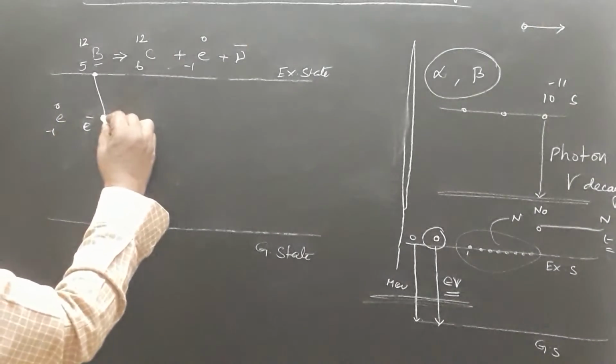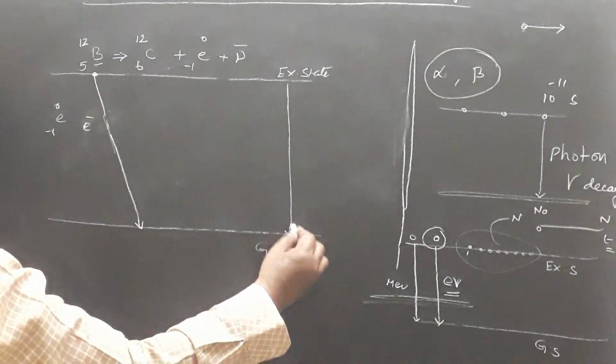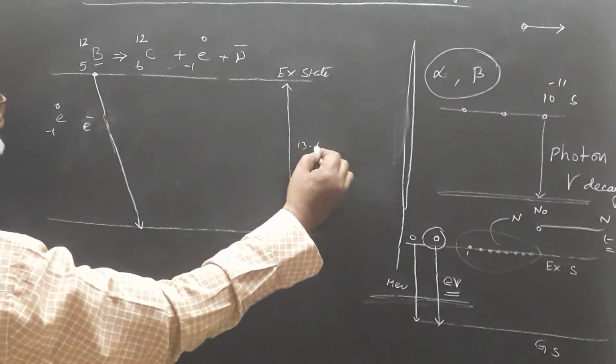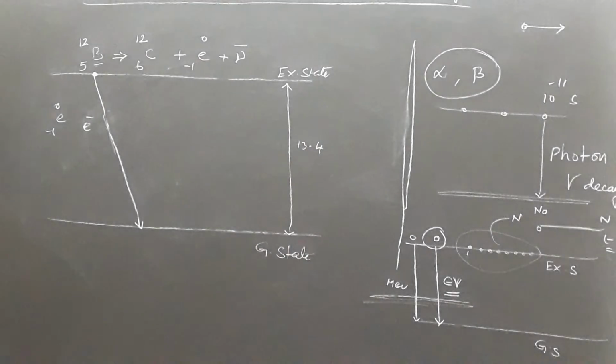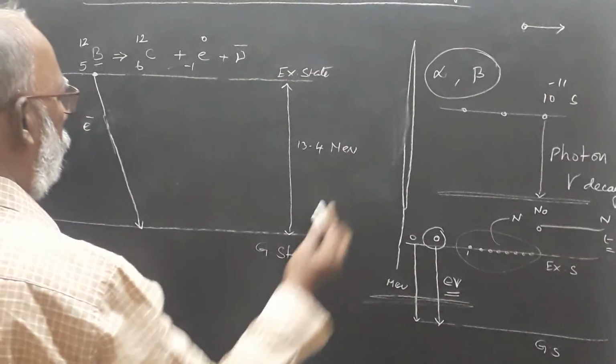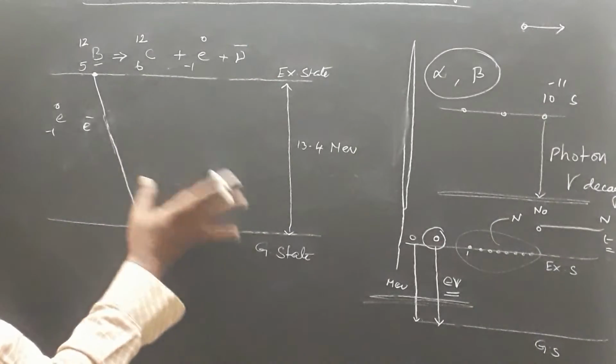Here the amount of energy level difference between these two states is said to be 13.4 million electron volt. Now, this is a very important concept to understand.